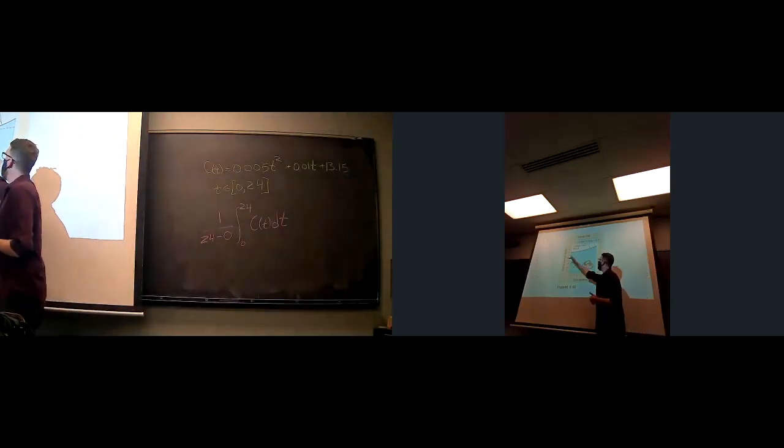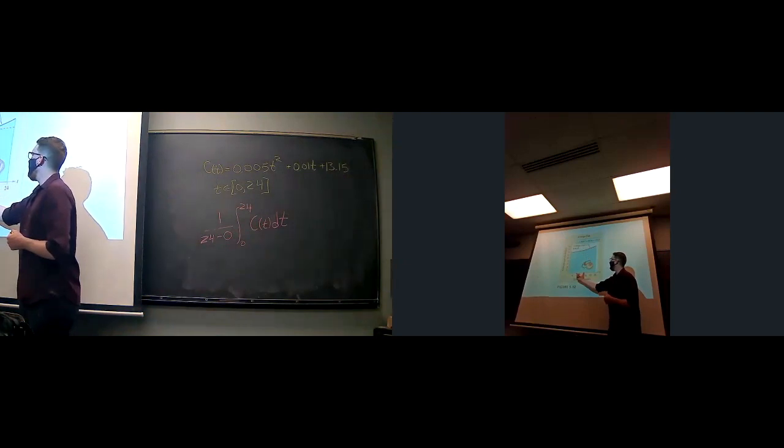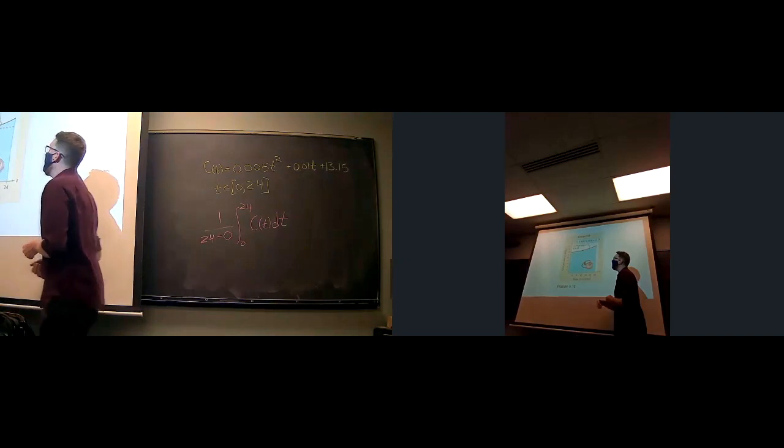So looking at what's happening, we've got our cost function, we're finding the area underneath it, and dividing it by the length of time. So we're finding that average functional value. What it's going to come out to be is 14.23.